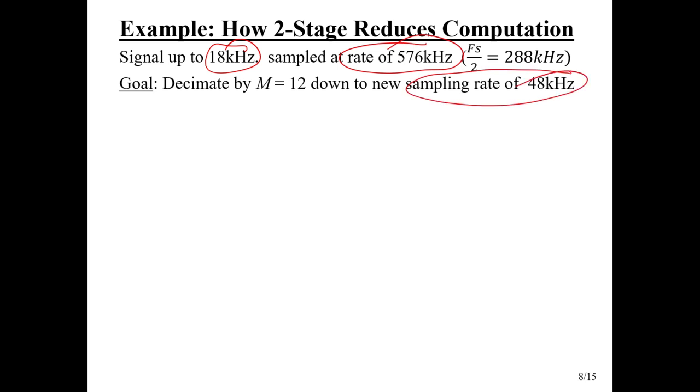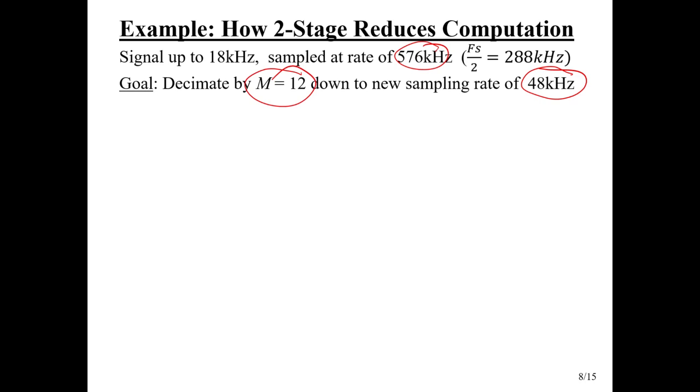So 48 kilohertz is one of several standard sampling rates. 44.1 kilohertz is the most common, but 48 is pretty common as well. It's the sampling rate for digital audio tape. And it turns out that if you look at this and that, that is a decimation of a factor of 12.